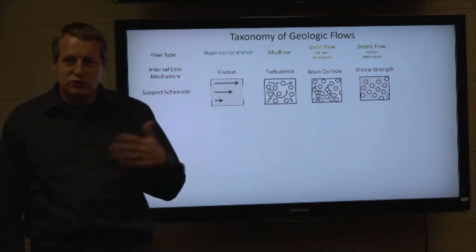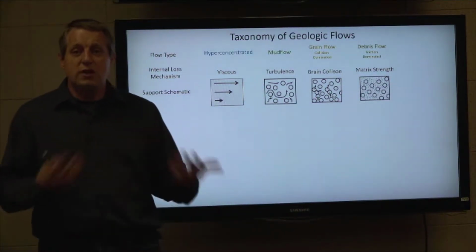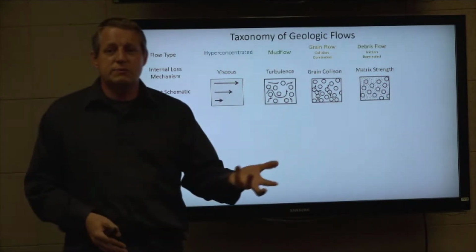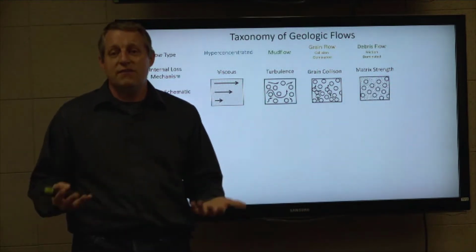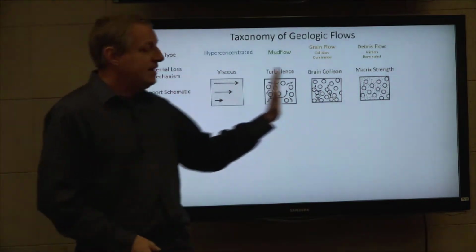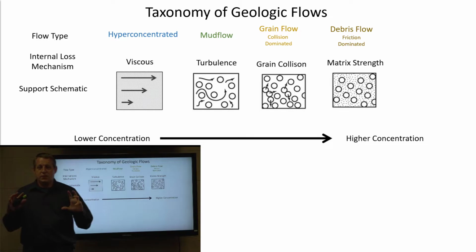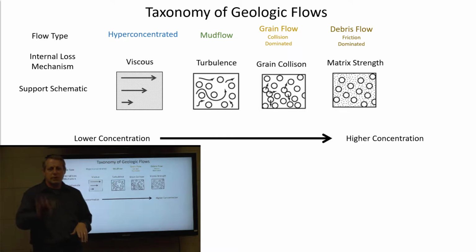But what happens as you add more and more sediment or solids to the flow is that those solid phase particles start to interact. And those particle interactions could introduce momentum and energy losses to the fluid to the point that it becomes significant to try to model what's going on. And so, as you start adding concentration, from lower to higher, you get enough sediment in there that you start to get some viscous effects, and then eventually enough solids that it introduces turbulence losses.